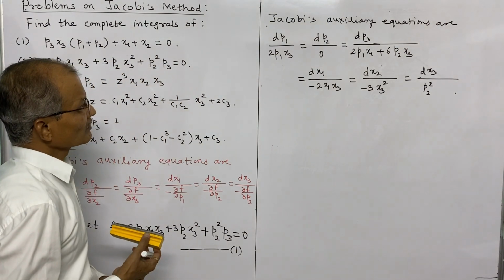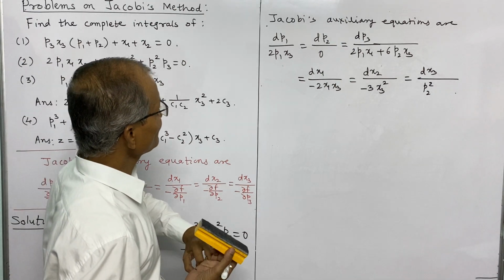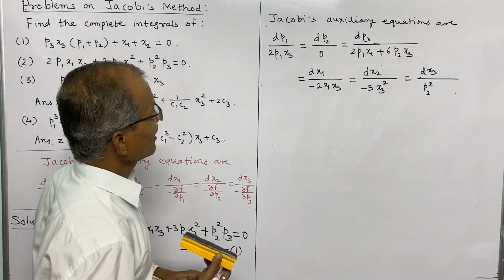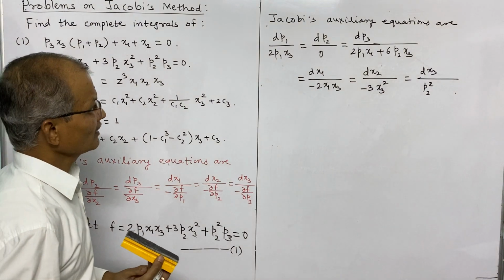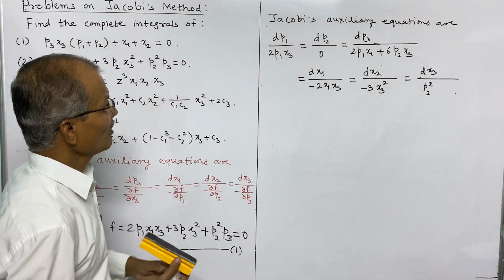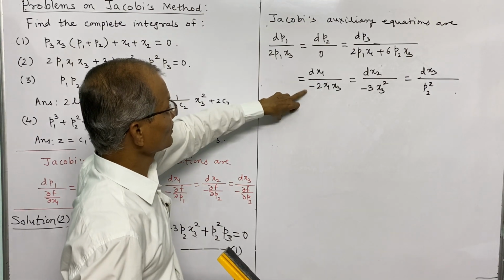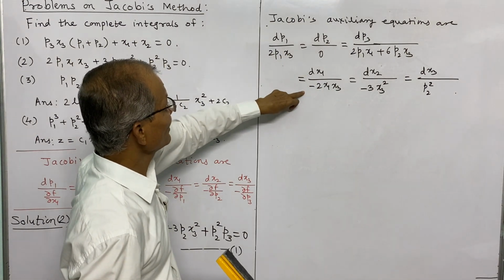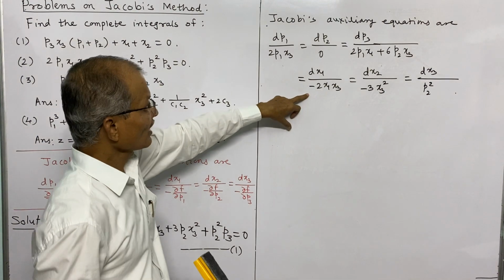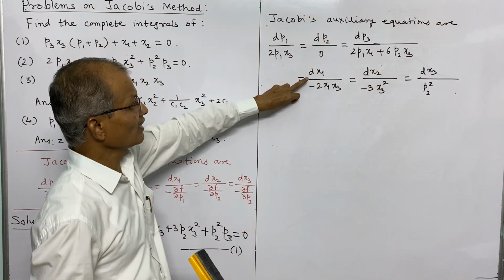Now if you observe the first, dp1 by 2p1 x3, this can be equated to which one? If you see the first ratio and fourth ratio and equate this, this x3 cancels and we will get p1 in terms of x1.